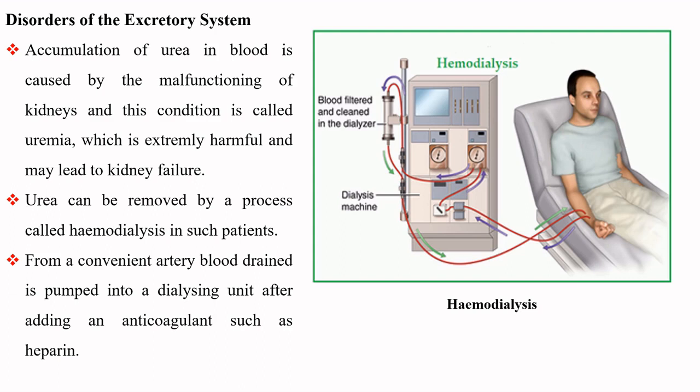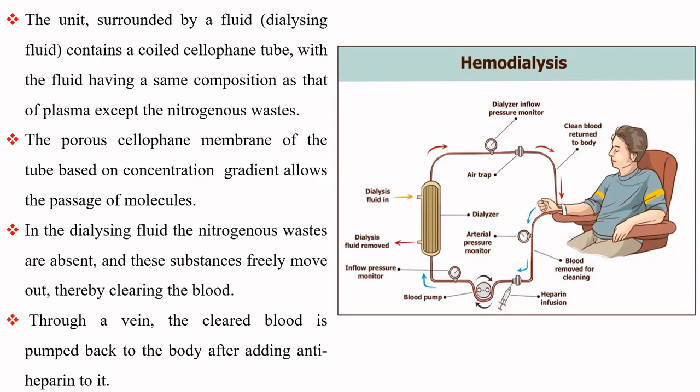From a convenient artery, blood is drained and pumped into a dialyzing unit after adding an anticoagulant such as heparin. The unit, surrounded by a fluid, contains a coiled cellophane tube, with the fluid having the same composition as that of plasma except the nitrogenous wastes.